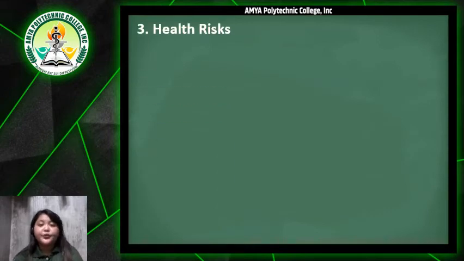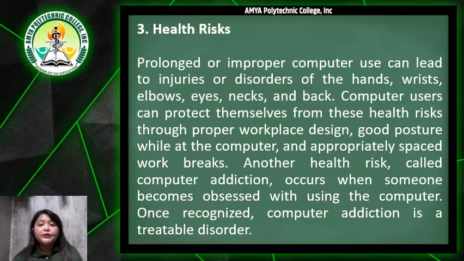Health risk is the third one. Prolonged or improper computer use can lead to injuries or disorders of the hands, wrists, elbows, eyes, neck, and back. Computer users can protect themselves from these health risks through proper workplace design, good posture while at the computer, and appropriately spaced work breaks.